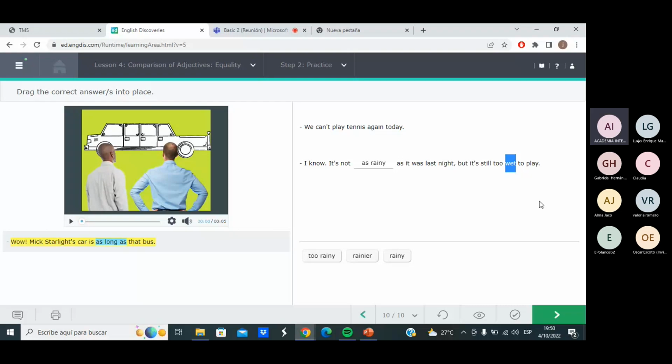Es como decir, no podemos jugar tenis otra vez hoy. Sí, lo sé. A pesar de que no está lluvioso como la noche pasada, pero aún está húmedo o mojado para jugar, ¿verdad? Entonces ahí es el problema. We can't play tennis again today.